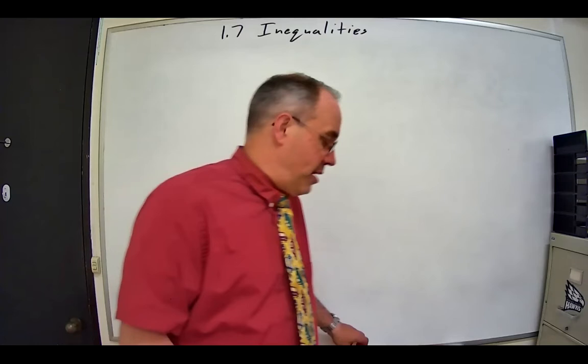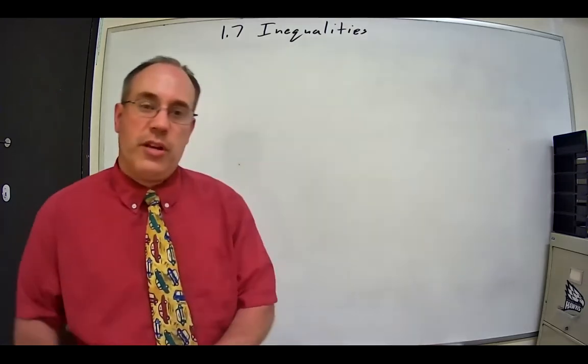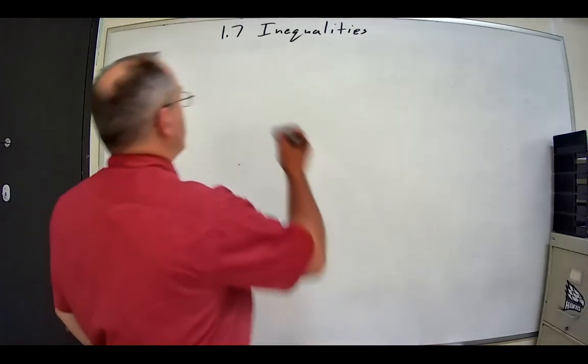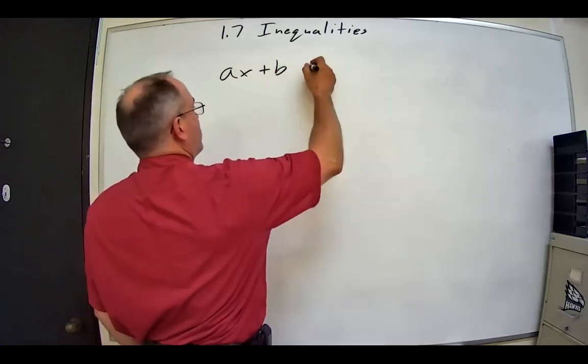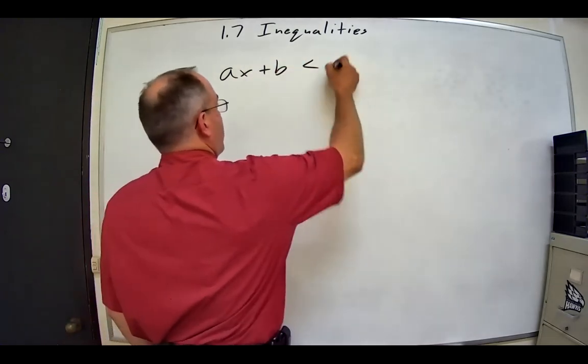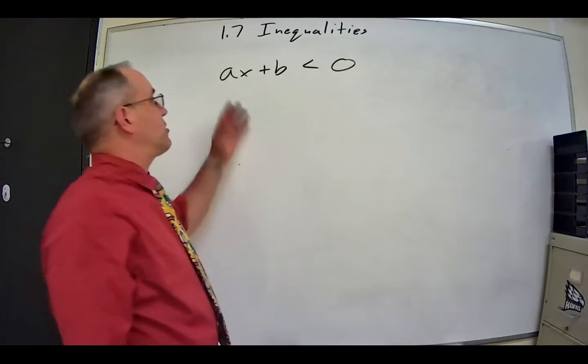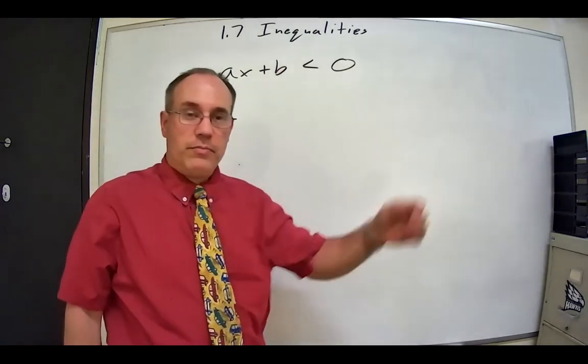The first thing we're going to look at is linear inequalities, which are inequalities that can be written in the form ax plus b less than 0, or ax plus b greater than 0.